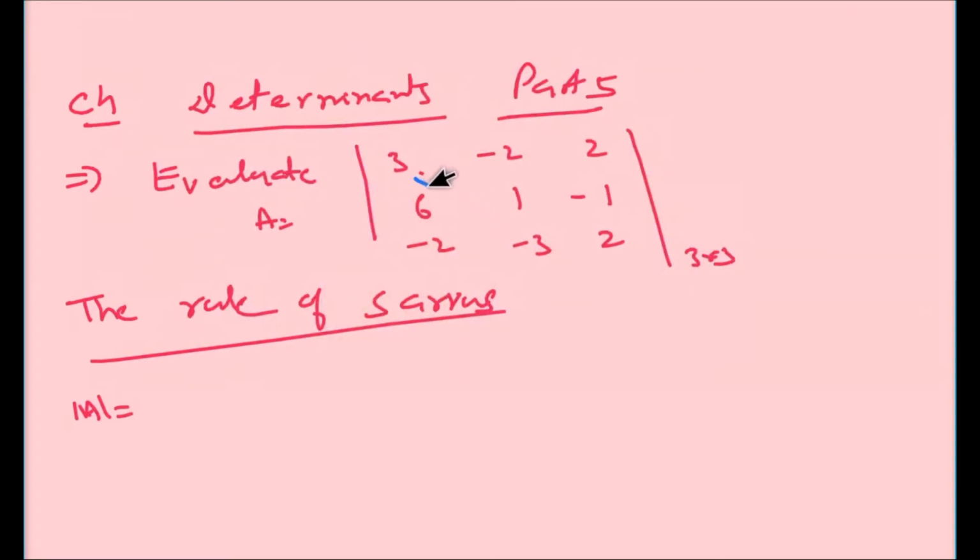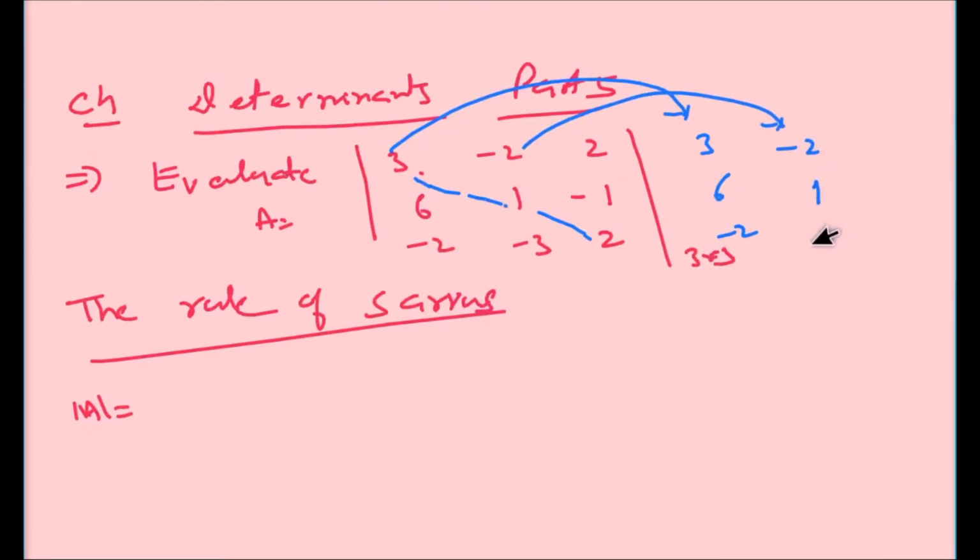Then write this 3, 6, minus 2, first column here, and second column here, minus 2, 1, minus 3, and then you have to multiply this and you have to multiply this and add it.